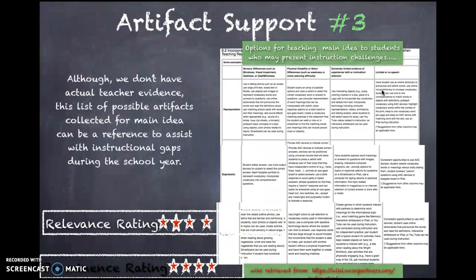Add sound effects when appropriate to the informational text that the students are being asked to decide the main idea. These are some accommodations that could be made to close the instructional gap for students who may have these impairments. There's also some strategies listed for expression as well.